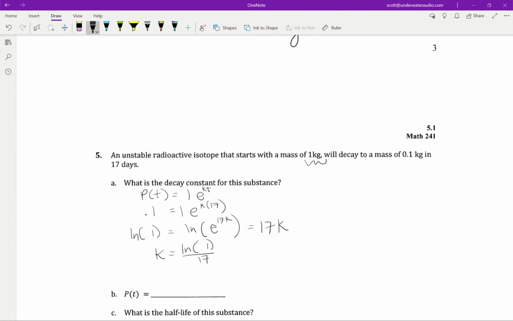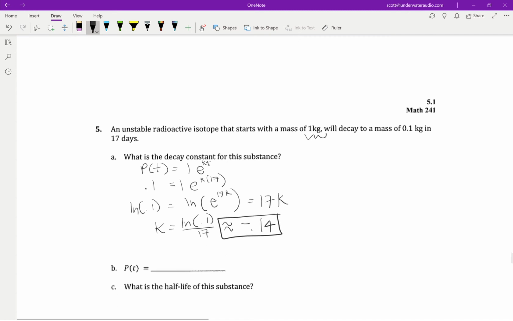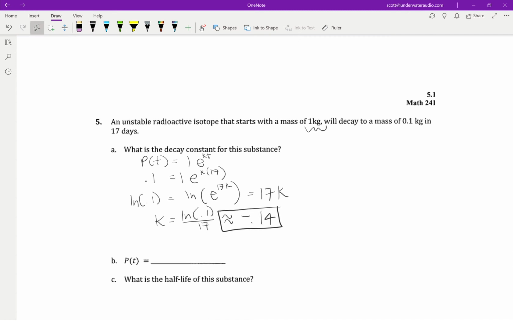I get, and I'm going to round to 2 decimals, negative 0.14. So the equation that I'm going to write is P of t is equal to C, which I discovered was 1 kilogram, e to the negative 0.14 t.